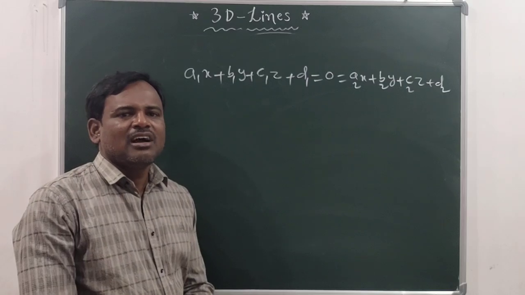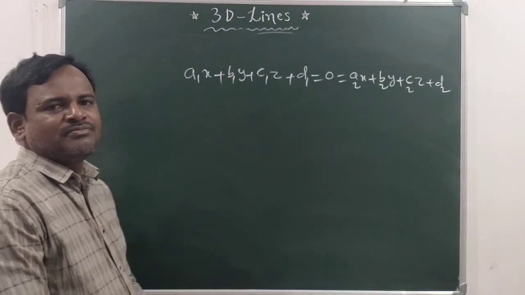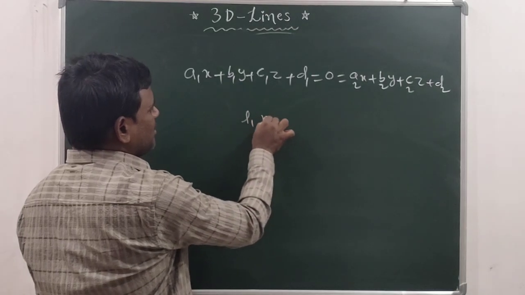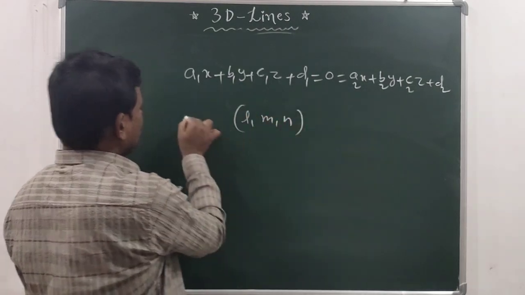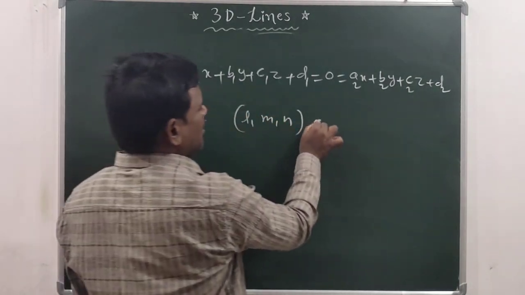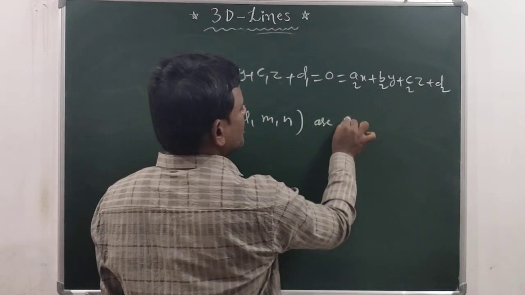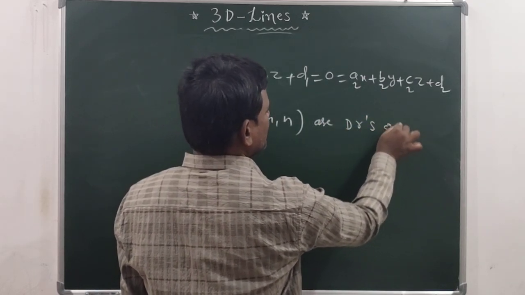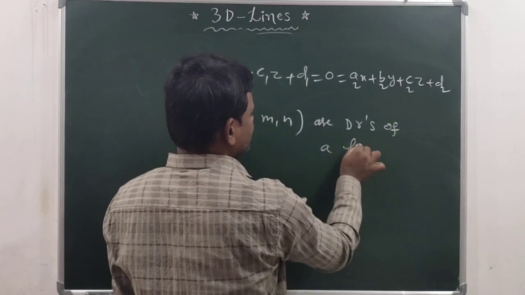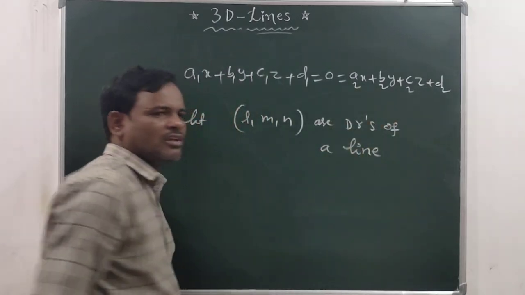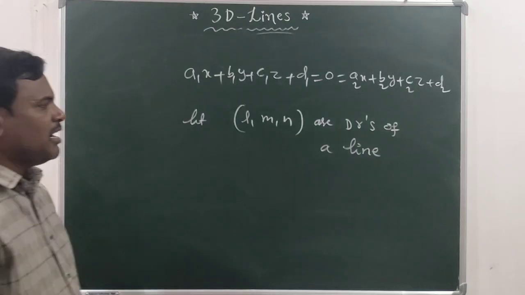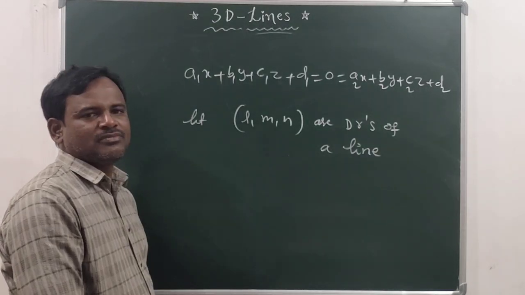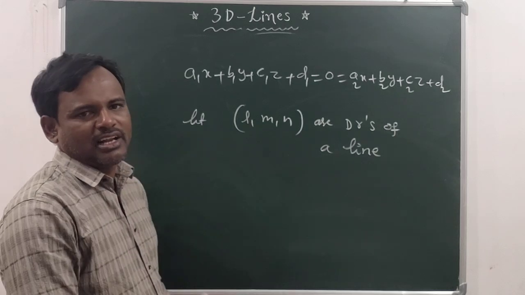For this, I am assuming that l comma m comma n are DRs of a line. Okay, students, and also I would like to identify a point on this line, so that I consider later.